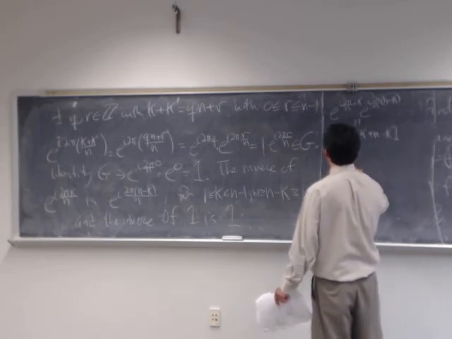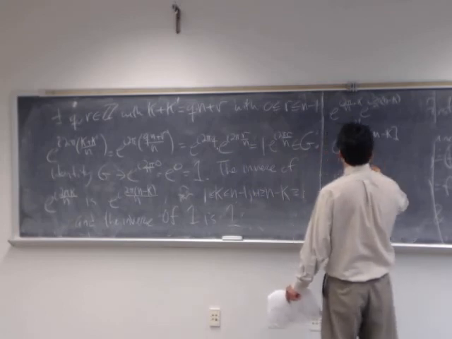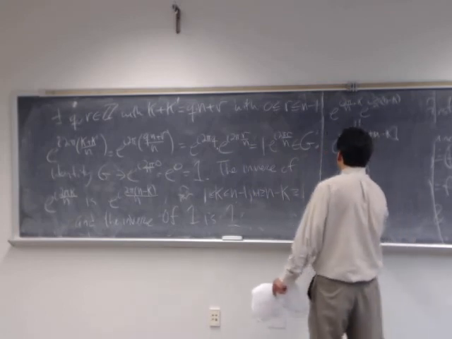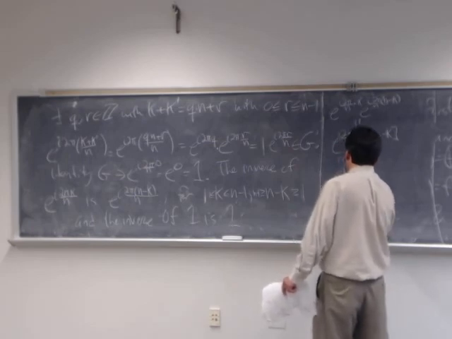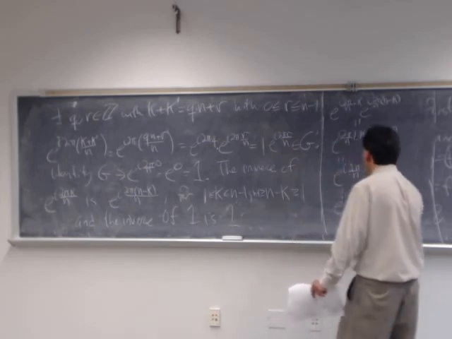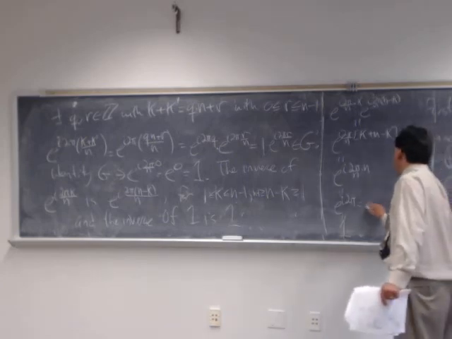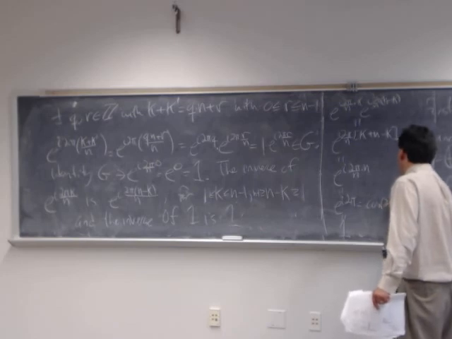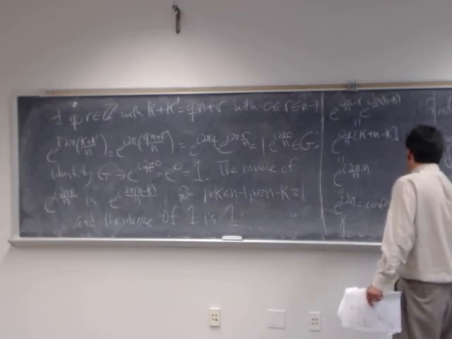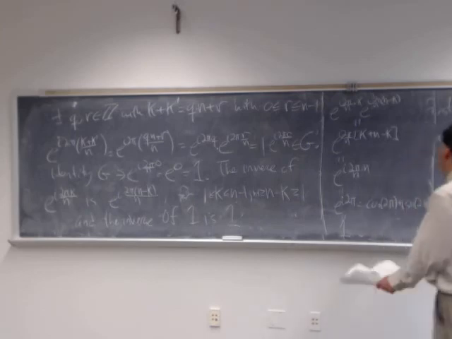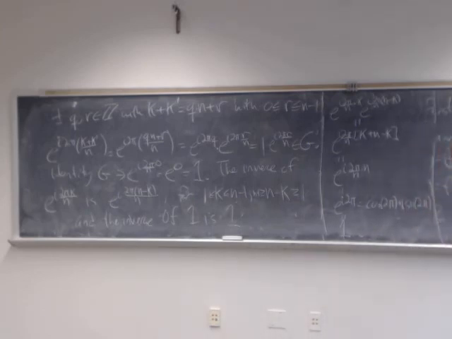This is e to the 2 pi n just times n, or e to the i 2 pi, which is equal to 1, because again, recall that e to the 2 pi i, what is that? Maybe off on the side, I'll get the definition. That's just the cosine of 2 pi plus i times the sine of 2 pi. And the cosine of 2 pi is 1, and sine of 2 pi is 0, so that's 1 plus 0 times i, which is 1.